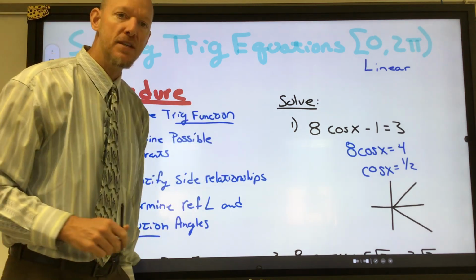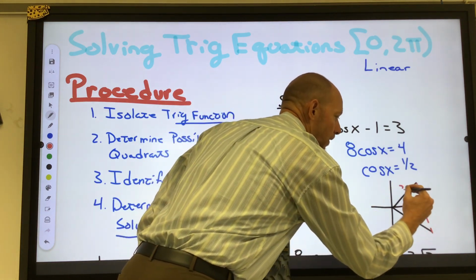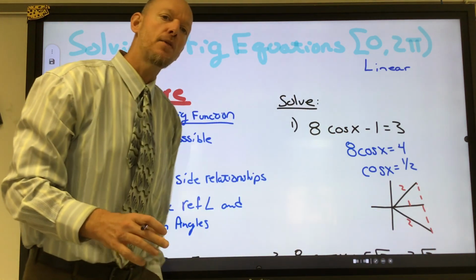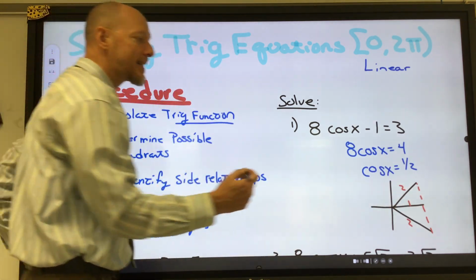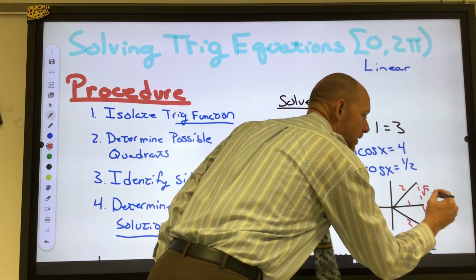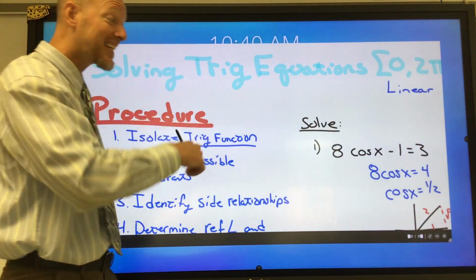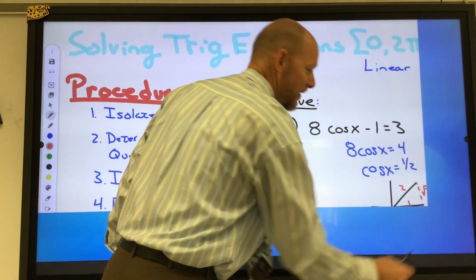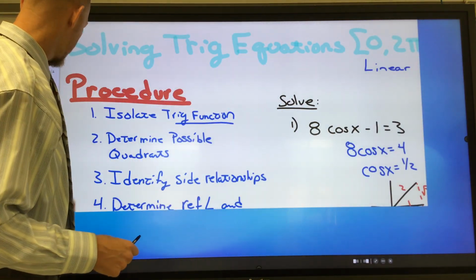Now, identify the side relationships: x over r. So I know that my x component is 1. I know my radius is 2. That then tells me that I'm talking about a 1, 2, square root of 3 special right triangle, or in other words, a 30, 60, 90 special right triangle.